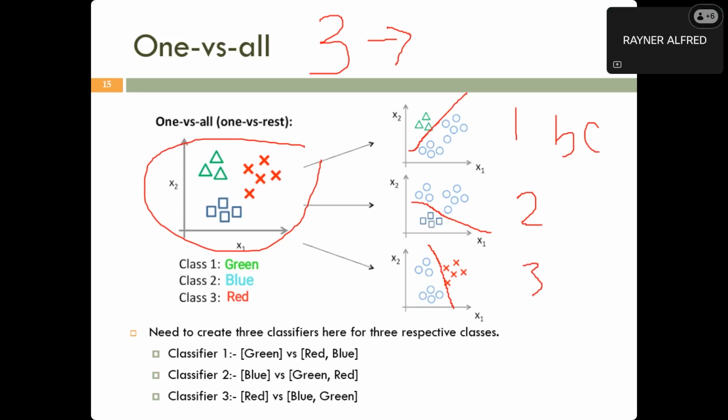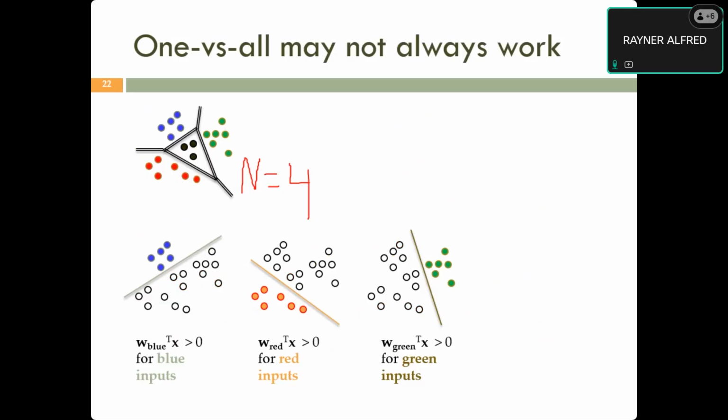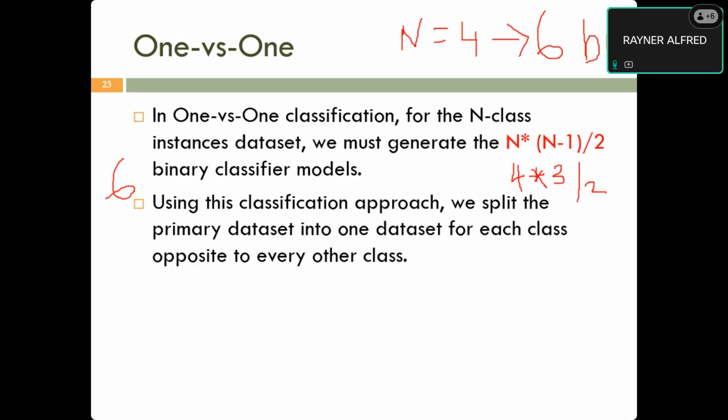So for 3 classes, you need 3 binary classifiers. This is 1 versus all. But for 1 versus 1, for n classes, you should have this number of binary classifiers. In our example, we have 4, so we need to build 6 binary classifiers. So this is the approach that we have.